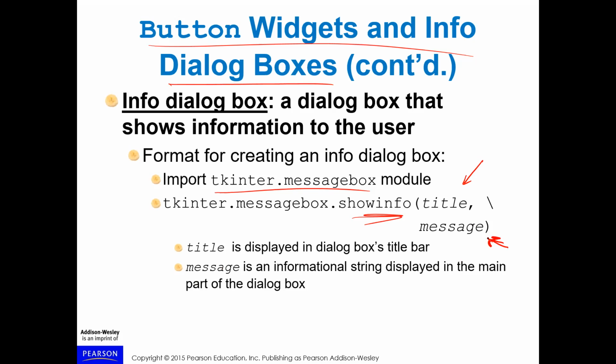The title is displayed in the dialog box's title bar, and the message is an information string displayed in the main part of the dialog. So you're providing a message to your users about something that happened.